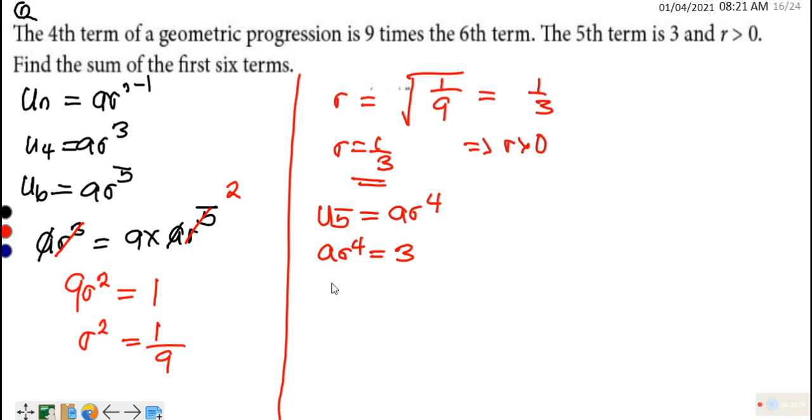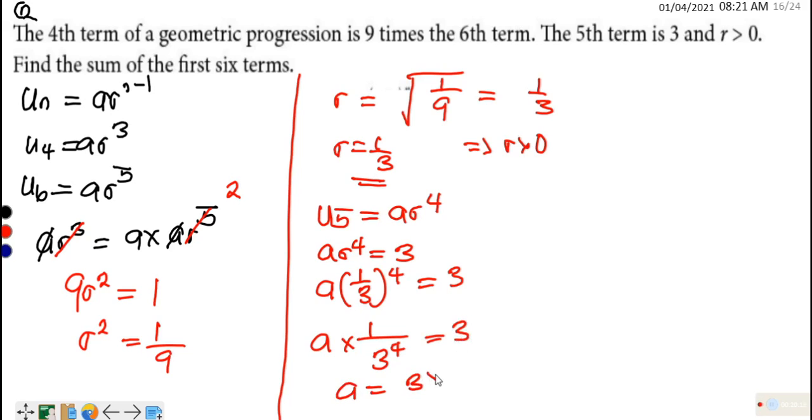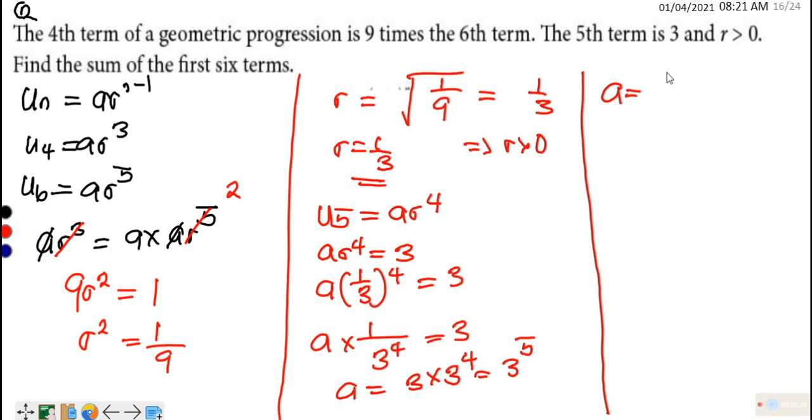If we substitute r here, we have a times 1 over 3 raised to power 4 equals 3. So a equals 3 times 3 raised to power 4, which is 3 raised to power 5. So a equals 243.